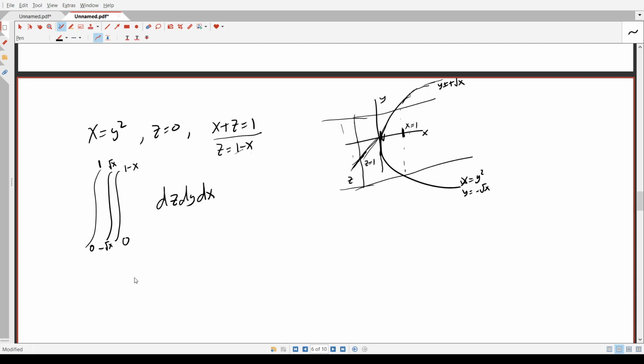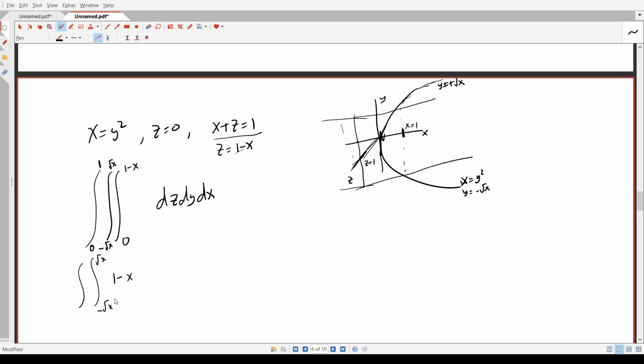So, and then I could integrate this. I can actually do that really quick. So here, this is going to be the integral from negative root x of, integrate that with respect to z, I get 1 minus x.